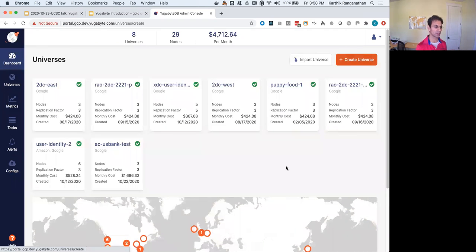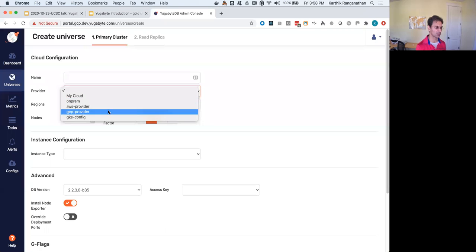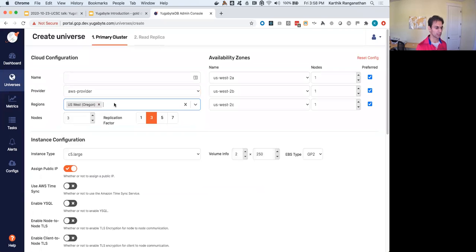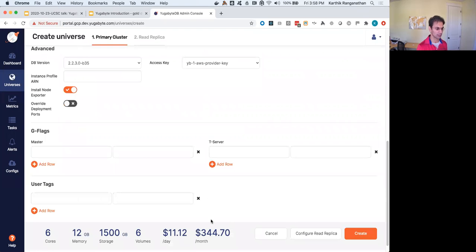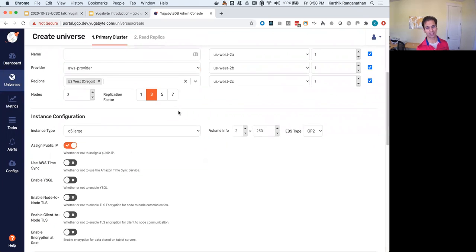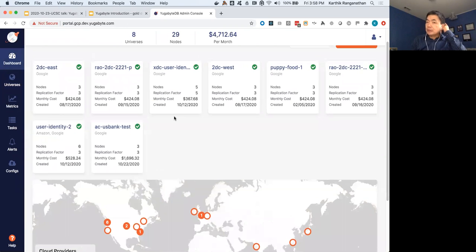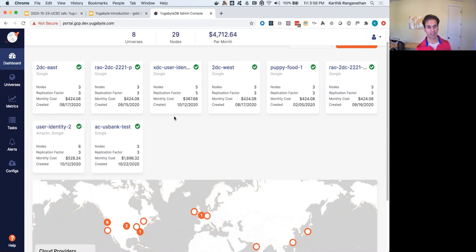You can create a cluster by saying, I want a cluster in AWS, in whatever region of the world, and just hit create and it'll create the machines for you. The clients pay for the machines. That's their account. The entire thing is in their account, including this console. Everything runs in their account.